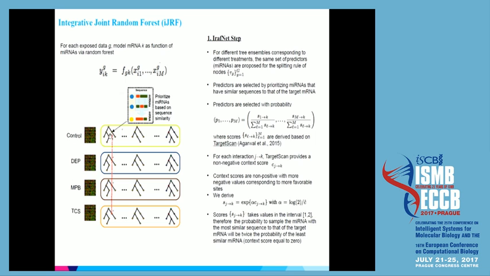At each node, we prioritize microRNAs that have a similar sequence to that messenger RNA that is in the response variable. And given the sequence similarity, we're going to consider a subset of predictors. And that is going to be the same across the tree ensemble.